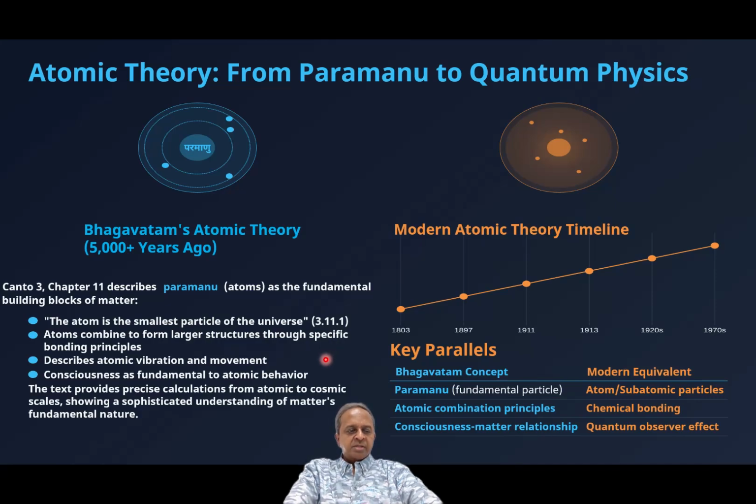What's particularly sophisticated in the text's description of atomic hierarchy is how atoms combine to form molecules, molecules combine to form compounds, organized into complex structures. This hierarchical understanding of matter organization predicts modern chemistry by thousands of years. Again, in Canto 3, we will talk more on this topic in greater detail.